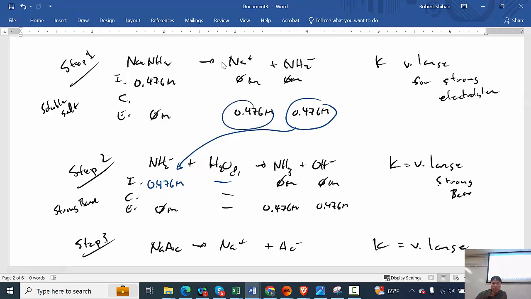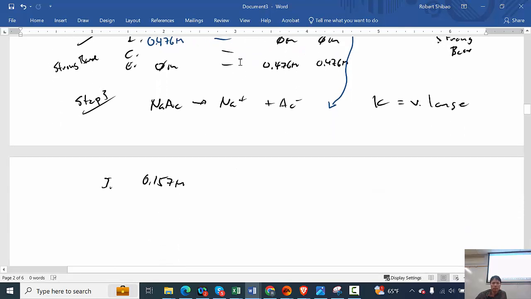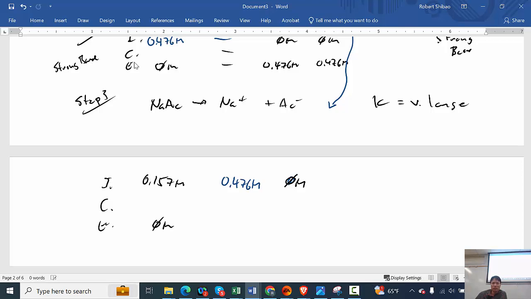So let's go ahead and do that. Carry this down. The acetate will be 0. If K is very large, the change is complete, so we're going to end up at 0 here.